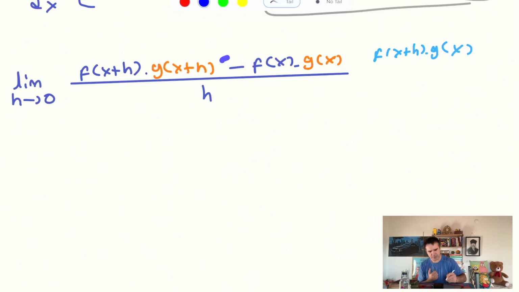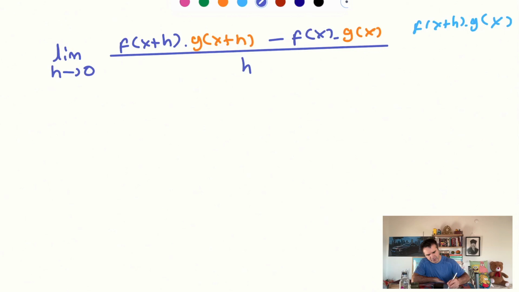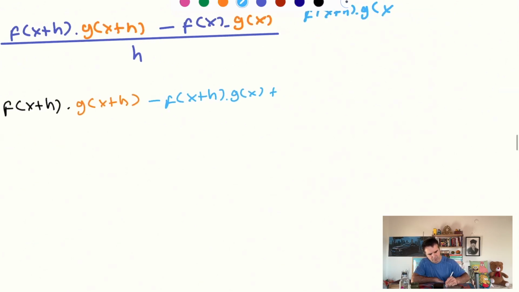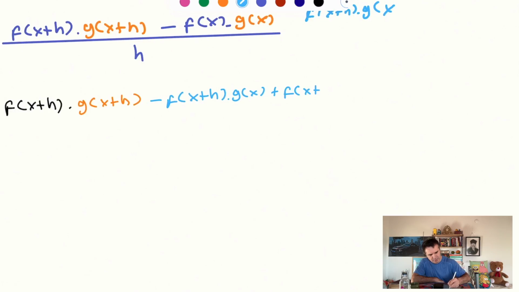And then the function becomes the limit as h goes to 0 of f of x plus h times g of x plus h, minus f of x plus h times g of x, and plus f of x plus h times g of x.